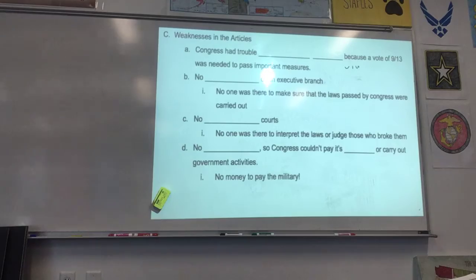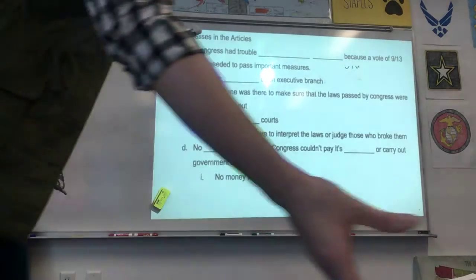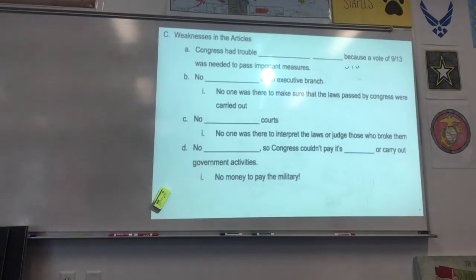All right, so there were some weaknesses in the Articles of Confederation that needed to be worked out. The national government had several weaknesses under the Articles of Confederation. For example, Congress had trouble passing laws because a vote of 9 of the 13 states was needed to pass important measures.